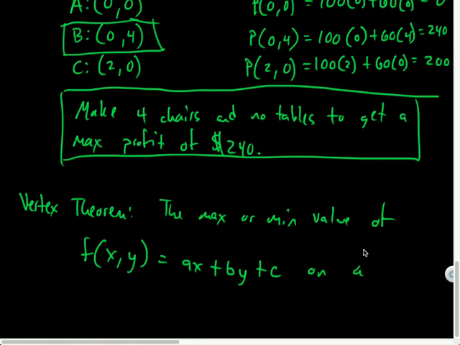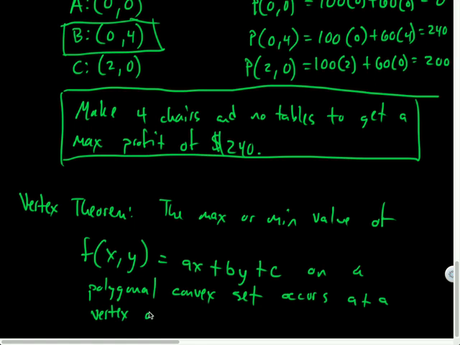Now that's a weird set of words. Convex set occurs at a vertex. Man, my writing is getting worse. Of the polygonal boundary.